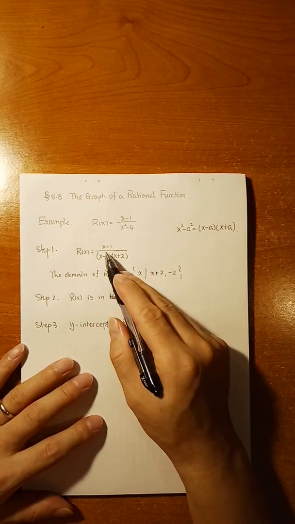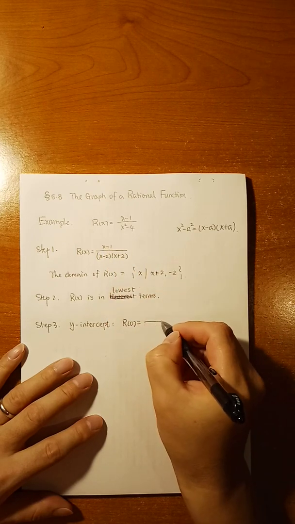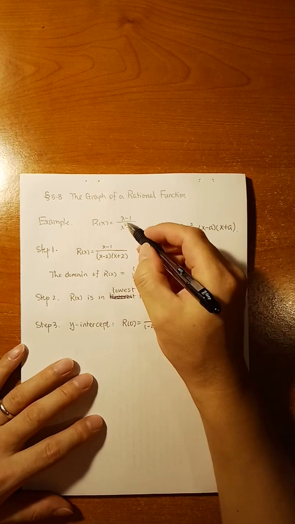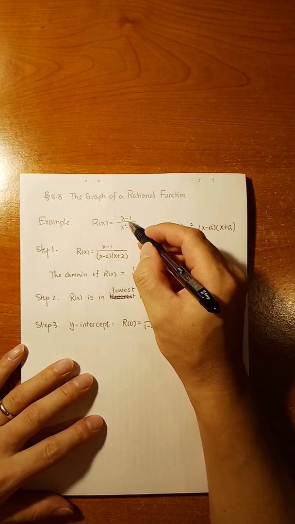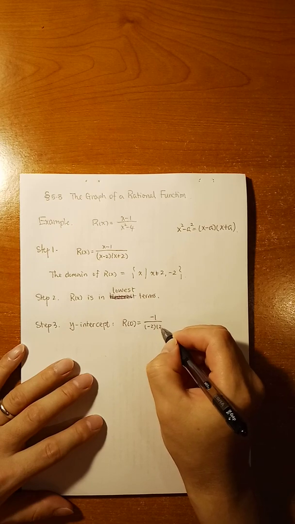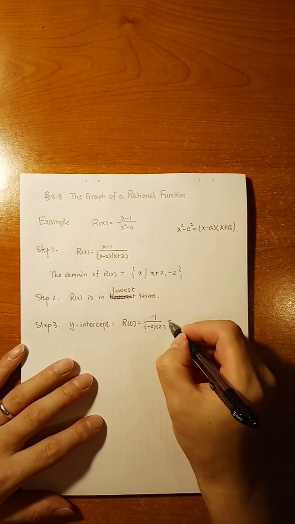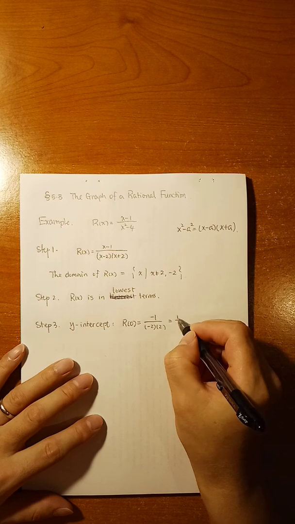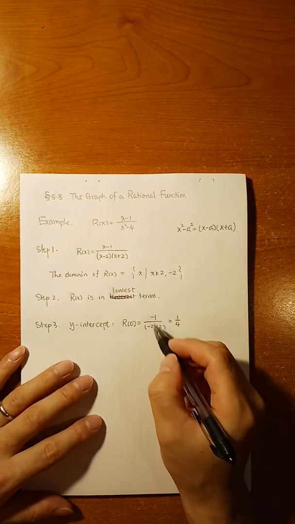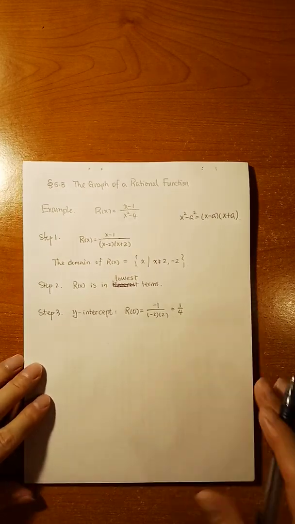R of 0, x is equal to 0. The numerator, 0 minus 1, is negative 1. The denominator, 0 squared minus 4, is negative 4. So the y-intercept is 1 over 4.